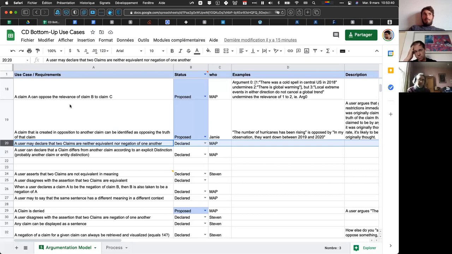Because if there's no edge between two claim nodes, what does it mean? If we don't agree on that, then we cannot discuss the other thing. If you think it means non-equivalence, then we don't need that edge. But if you think it means it's undefined, then the edge is useful. Right.